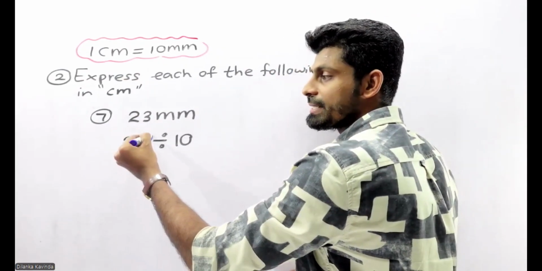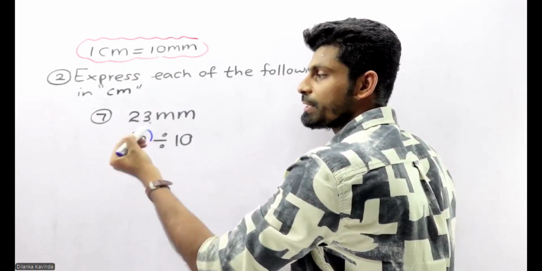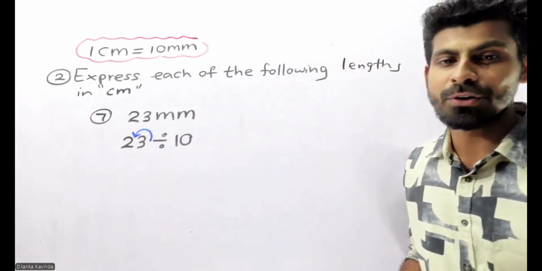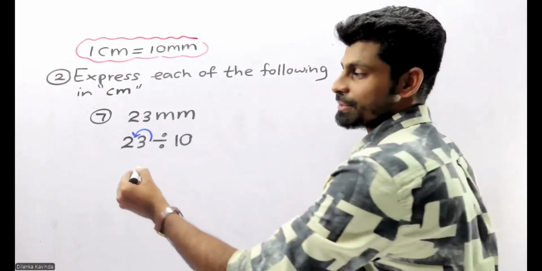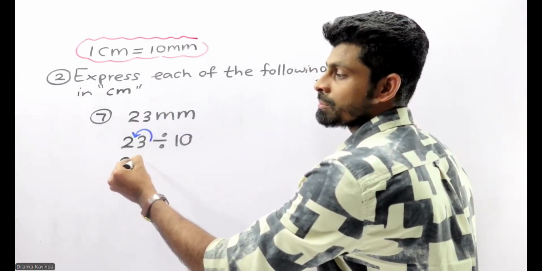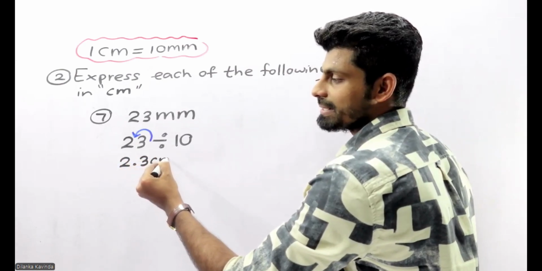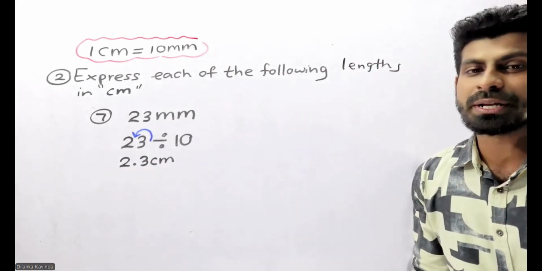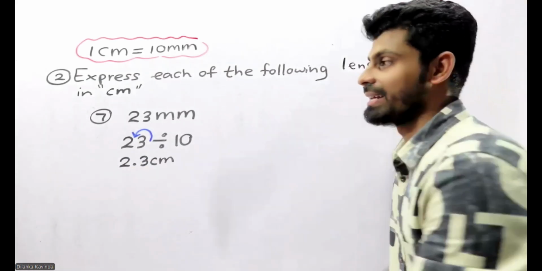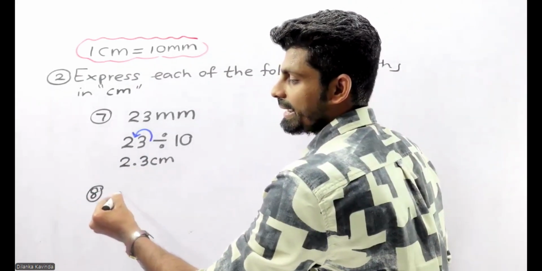You can see one decimal place moving to left. So what is the answer? 2.3 centimeters. One decimal place moving to left. 2.3 centimeters. Right?